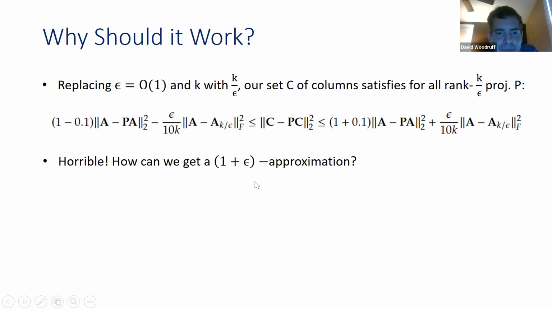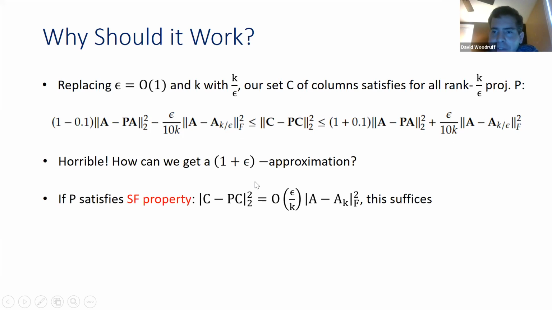the nice thing is we're not going to just do this simple algorithm of sampling and then finding the top k directions in the sample. We're going to find a very special projection, which was used in earlier work with Clarkson, which satisfies what's called the SF property. SF stands for spectral Frobenius. It's a mixed guarantee. So P is a rank k over epsilon projection, just like what this mysterious guarantee accommodates.